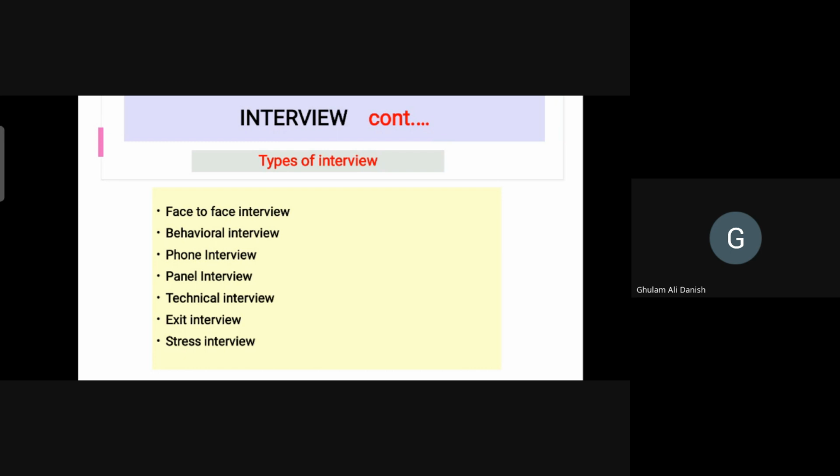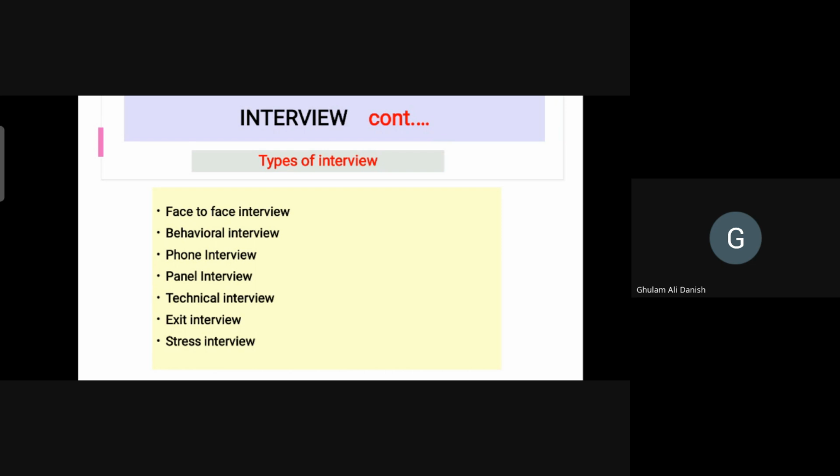What are your weaknesses? Then there is the technical interview and the panel interview, where many people are there and they are going to ask you different kinds of questions. The technical interview is very subject specific, so they will ask questions accordingly. The exit interview is where they deal with other patterns.